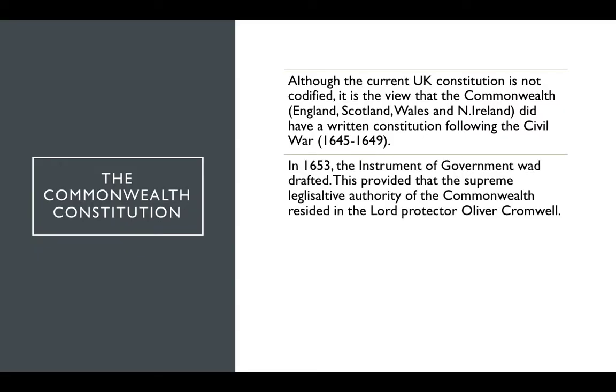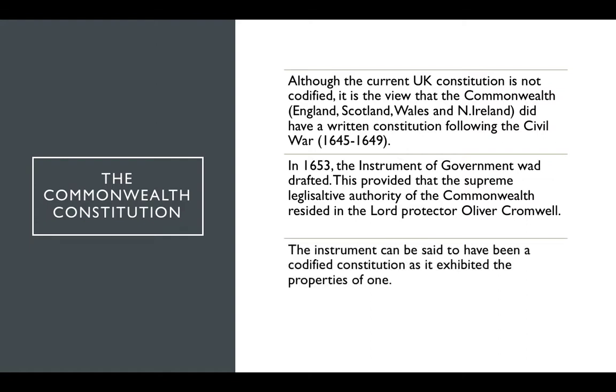So in 1653, the Instrument of Government was drafted. This provided a supreme legislative authority of the Commonwealth, which resided in the Lord Protector Oliver Cromwell. The instrument can be said to have been a codified constitution, and it exhibited the properties of a codified constitution.